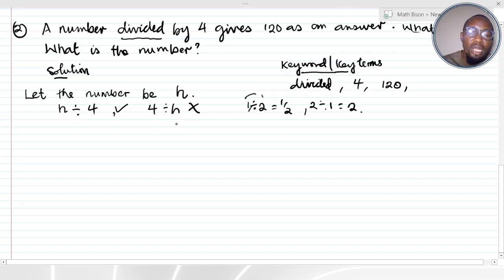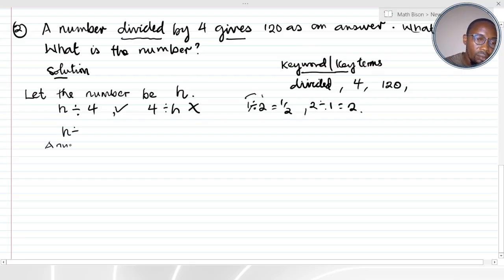If you look at our algebraic modeling video, you would understand this better. A number divided by 4 gives 120. Now, we are going with the first one, h divided by 4. Remember I said gives is always pointing you to what? Equal sign. Okay, let's start with this.